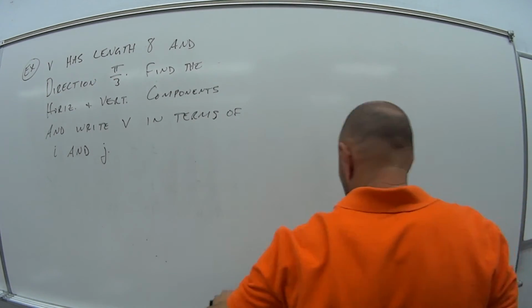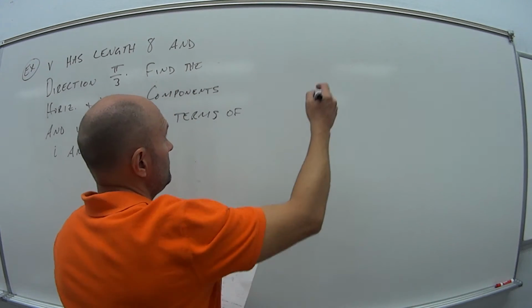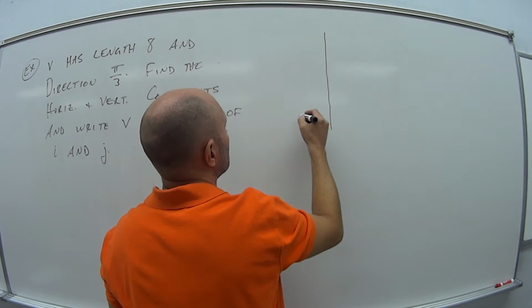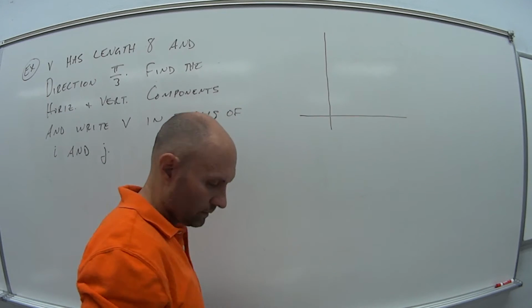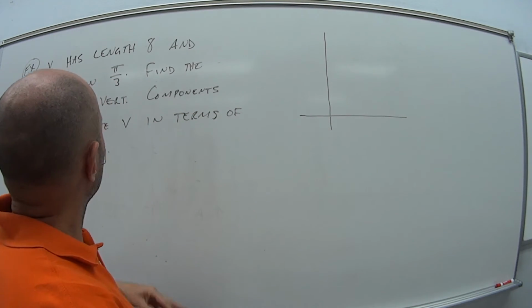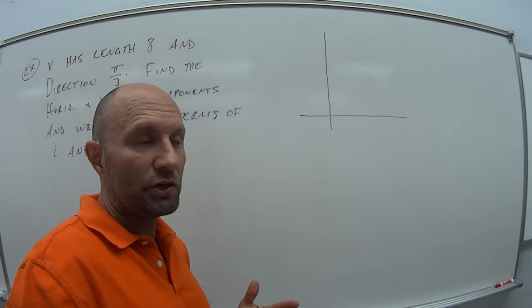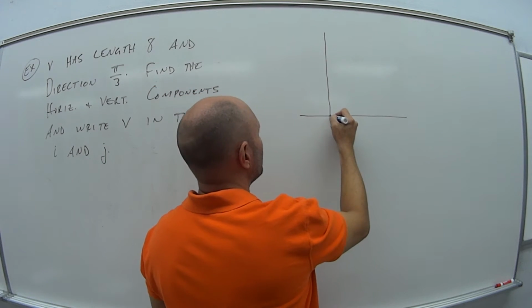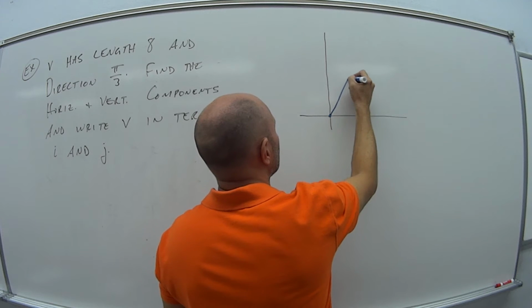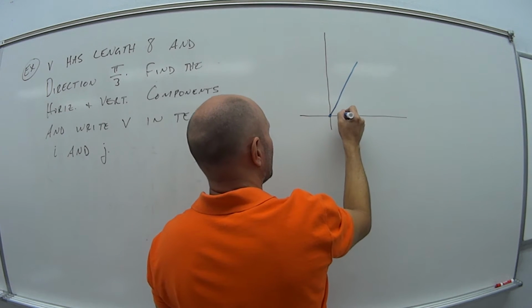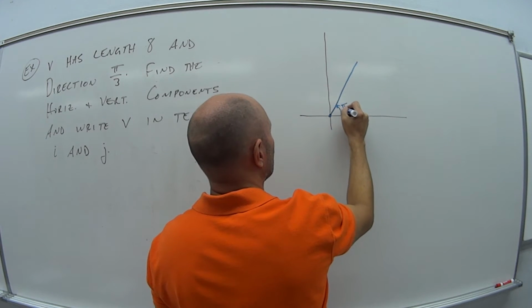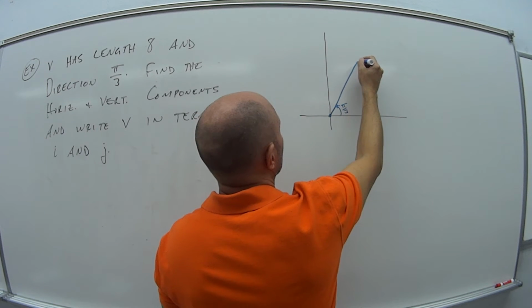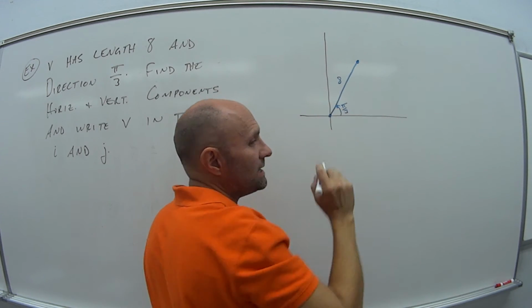So if we draw this vector V, it has direction pi over 3, which is our 60 degrees, right? So if we're starting at the origin, moving from the x-axis up pi over 3, and it has length 8.